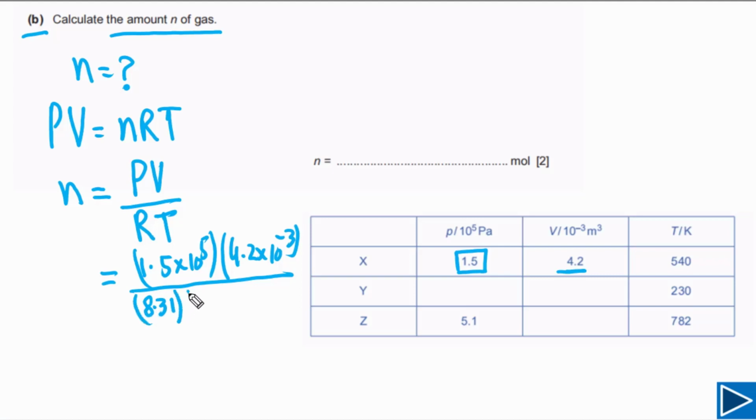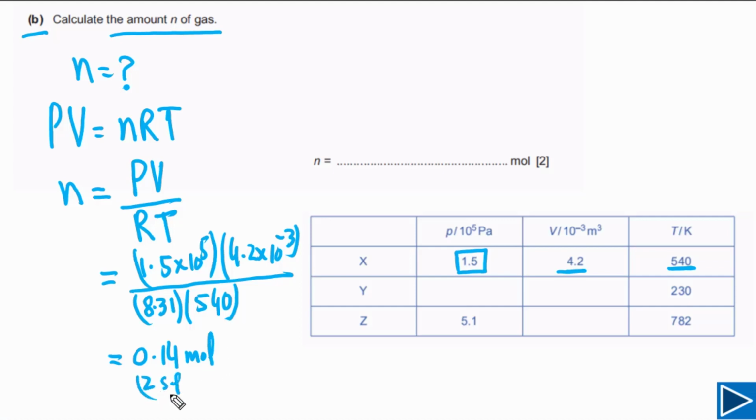Temperature has to be in Kelvin. Temperature is already given in kelvins, so simply we can plug in value of temperature. So if we calculate this one, our final answer will be 0.14 moles up to 2 SF.